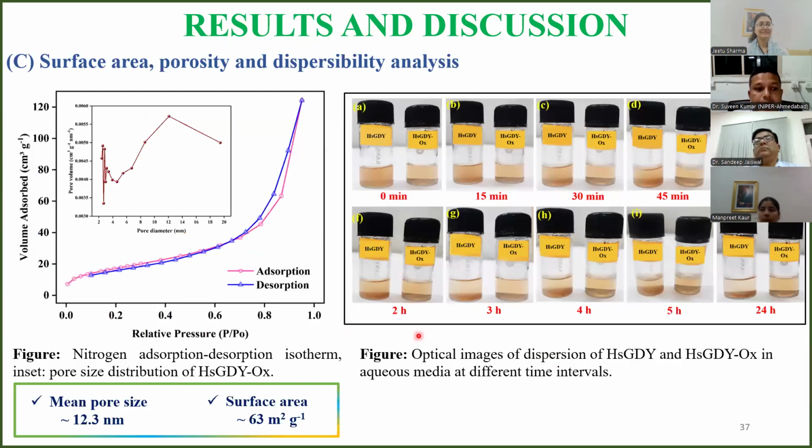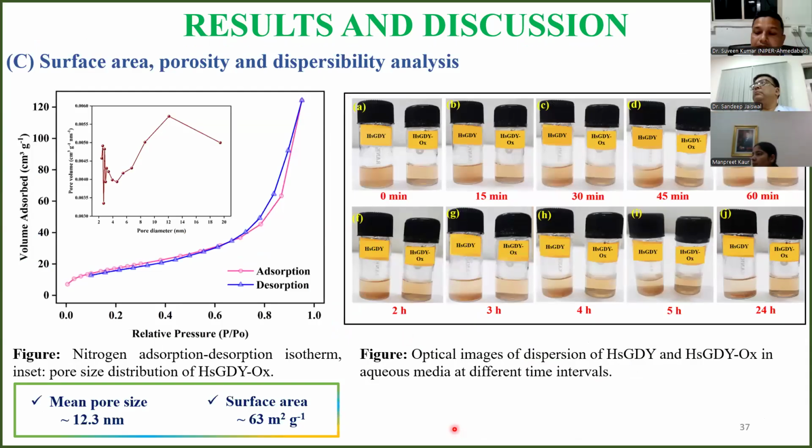its pore size analysis and surface area analysis, and we obtained 12.3 nanometer. We have also investigated its stability or dispersibility with respect to hydrogen sulfide graphene. After 24 hours, you can see here, this ImageJ image indicates some settlement of the graphene, but the synthesized hydrogen sulfide graphene oxide is well dispersed.